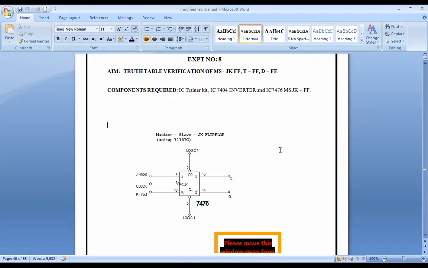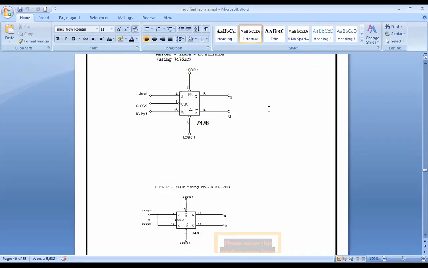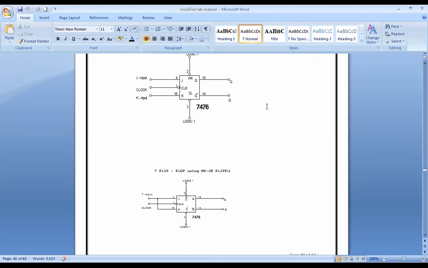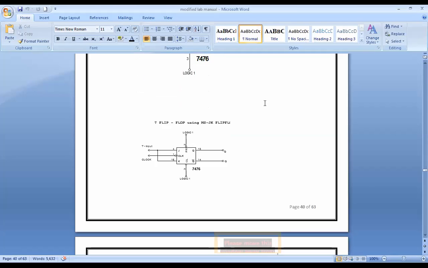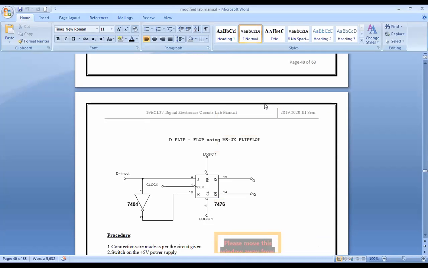No, sir. Okay. So you'll be using a 7404, as you know, an inverter IC, and a 7476, your master slave JK flip-flop. Only with these two, you can implement different configurations, and you can check your output. And these all are not new to you, right?